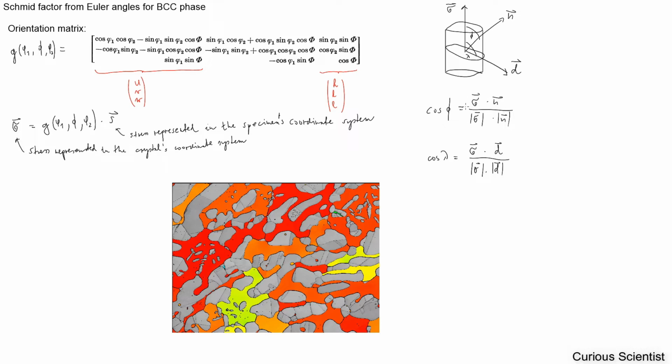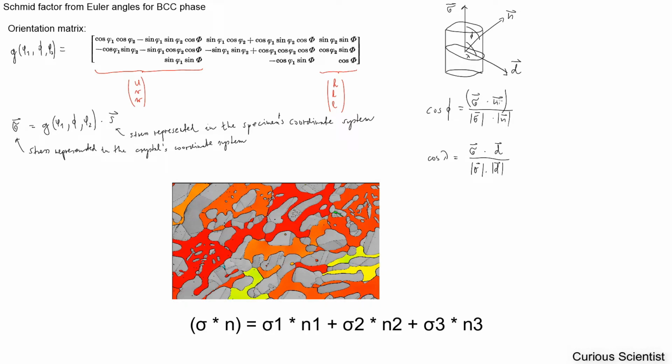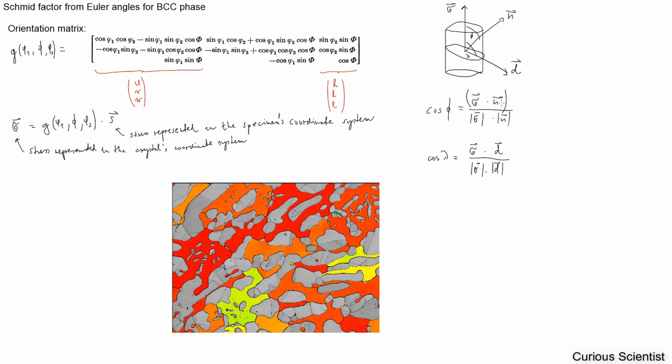What you have up here is the dot product, the ith components of the two vectors multiplied by each other and then summed. So sigma 1 times n1 plus sigma 2 times n2 plus sigma 3 times n3. The result of this operation is just a simple number.